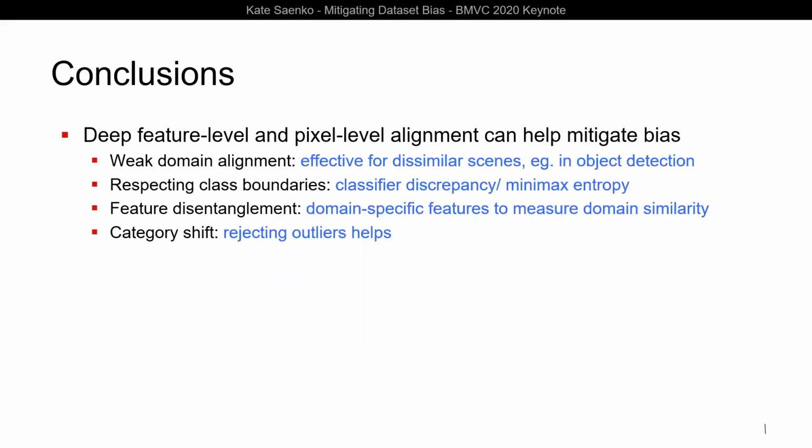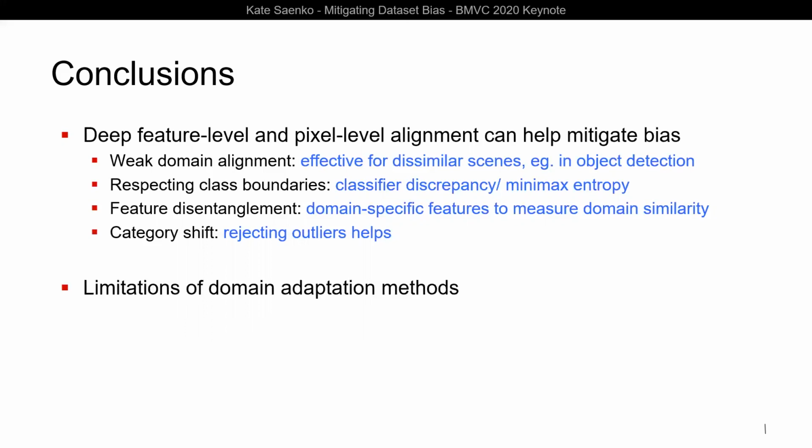To conclude, I have talked about different ways that we can mitigate dataset bias, including feature level and pixel level alignment, and some problems with those techniques and how we can solve them through doing weak alignment or partial alignment, or by respecting class boundaries by using the task classifier to align domains, and also doing feature disentanglement.